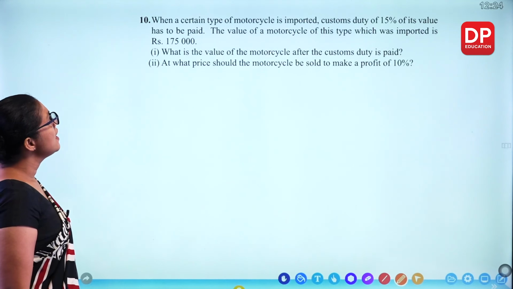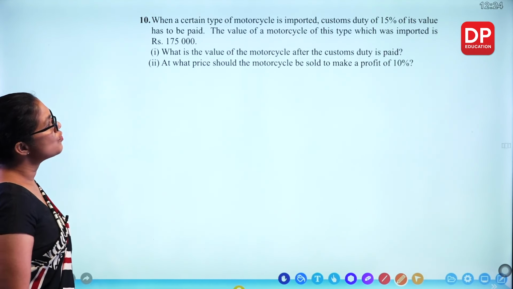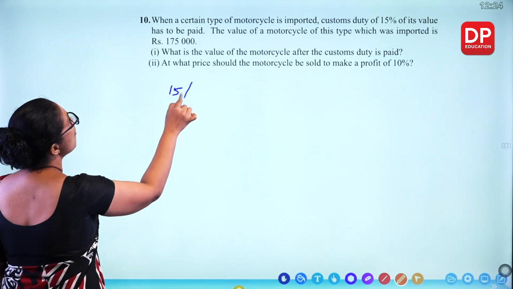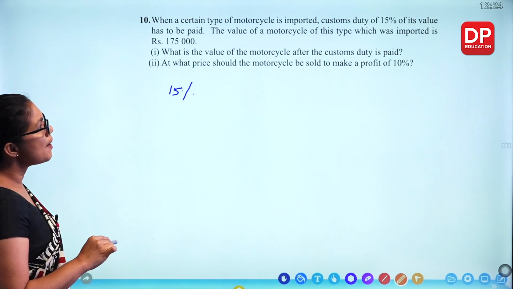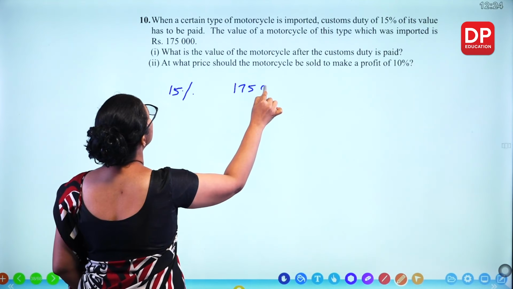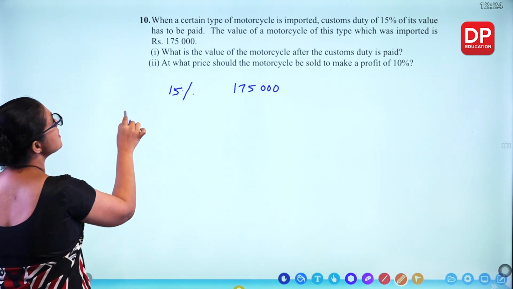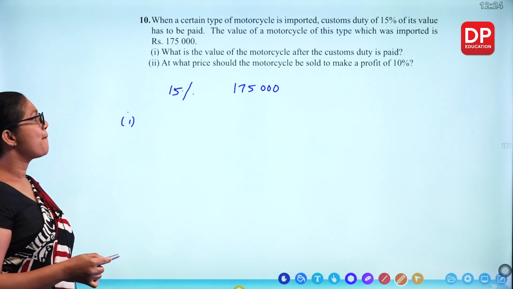Question number 10. When a certain type of motorcycle is imported, customs duty 15% of its value has to be paid. The value of a motorcycle of this type which was imported is 175,000. What is the value of the motorcycle after the customs duty is paid?